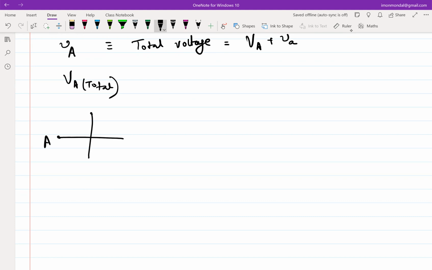So this is node A, B, C, D. Then I can have a situation where I refer to the same thing as this, or I have a situation where I can refer to something like this.